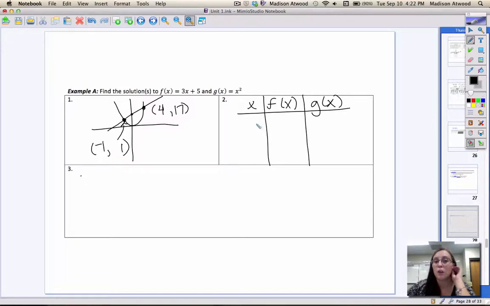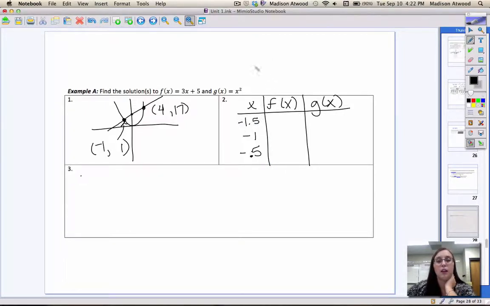So we're going to go by increments of like a half to try to figure out a little bit closer to this. So we want to use some inputs around -1. So let's do the input of -1.5, -1, and -0.5 maybe.